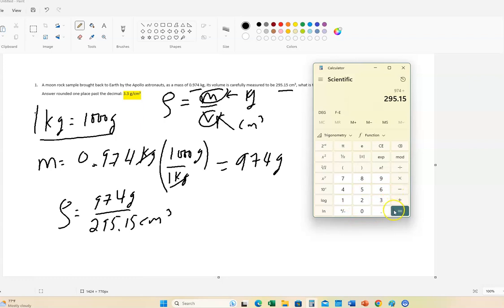When we do that division, we round it to one place past the decimal. So that's how we get this 3.3 grams per centimeter cubed. The answer was given to us. All right, let's move on to the second one.